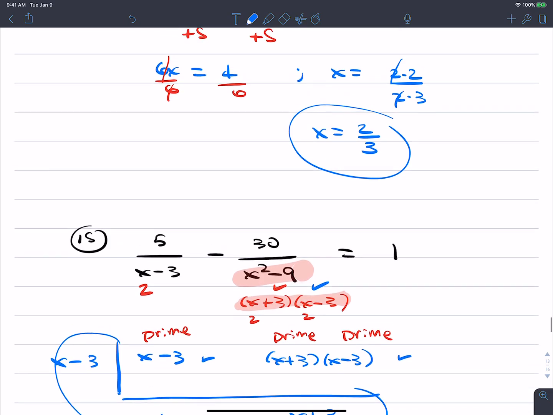Let me do some work up here. I know it looks weird, but okay. 5 over, what's 2 minus 3? Is that -1? Minus 30 over, what's this? 2 plus 3, isn't that 5 down here? 2 minus 3, is that -1? Should that be +1? Is that right?